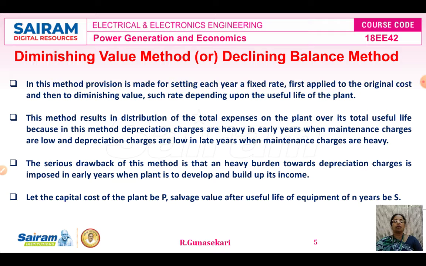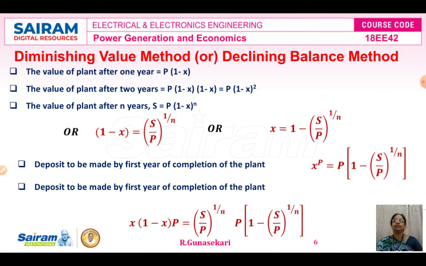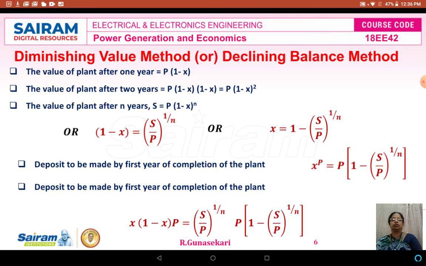Let the capital cost of the power plant be denoted by capital P, and the salvage value after the useful life of the equipment of n years be capital S. First we calculate the value of the power plant after 1 year: P into 1 minus x.